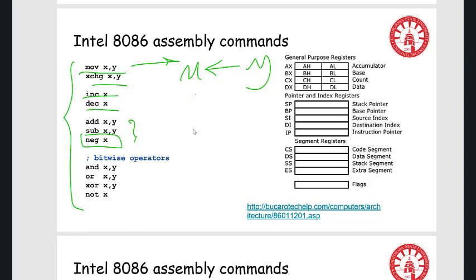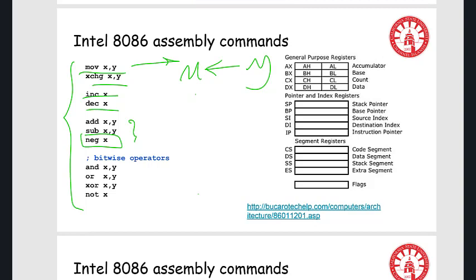And here are the bitwise operations in assembly: AND, OR, XOR, and NOT. These are similar to those instructions in the C language.